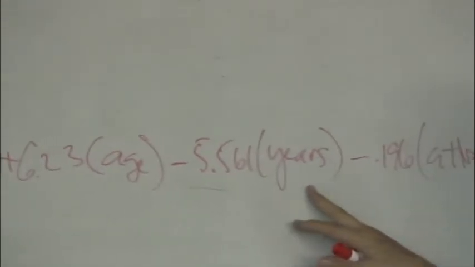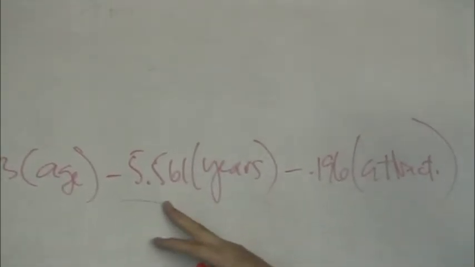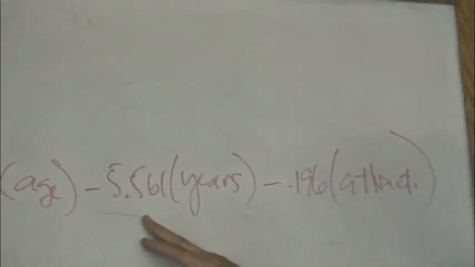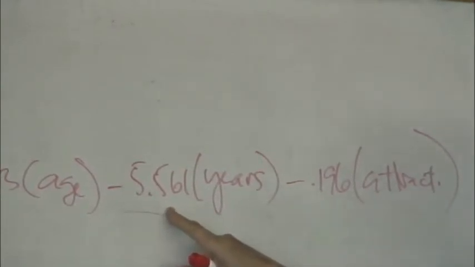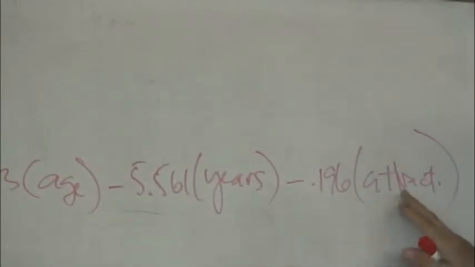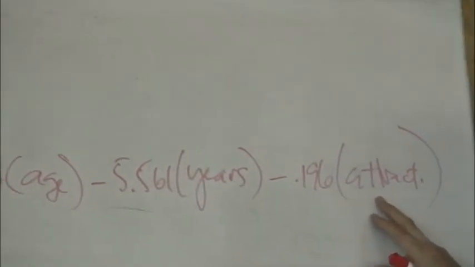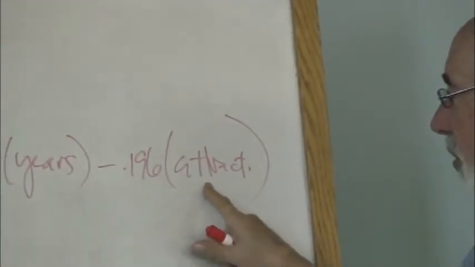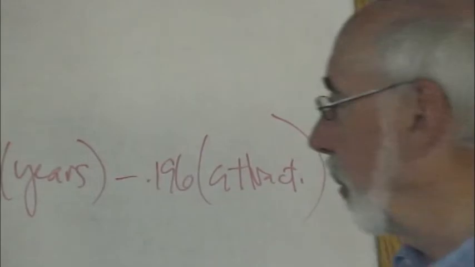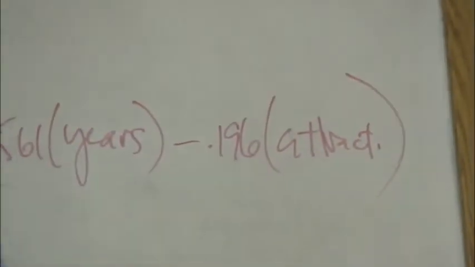Years in modeling, the more years you model, your salary goes down. For every 1 year you model more, salary goes down by 5.61. Seems sort of counterintuitive. And the more attractive you are, the lower your salary. That is, a 1 unit increase in attractiveness lowers your salary by 0.196 units.